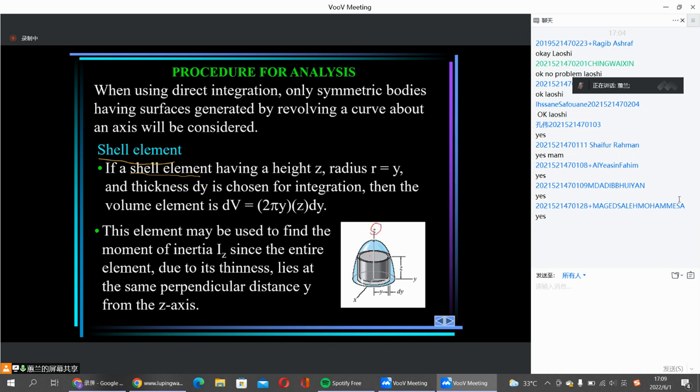So here we choose the shell element. The distance to the z-axis of the element will be equal to r everywhere. Here it is equal to y.